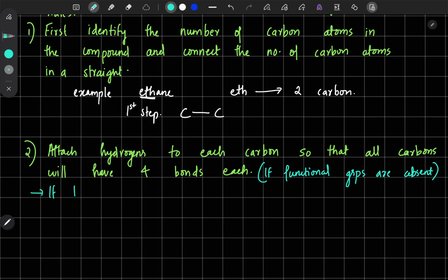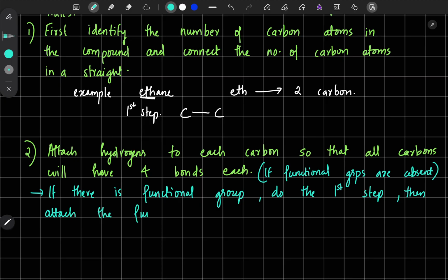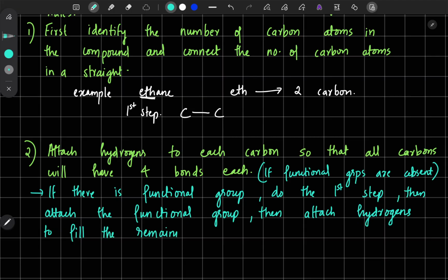If there is a functional group, do the first step, then attach the functional group, and after that attach hydrogens to fill the remaining valency of carbon.